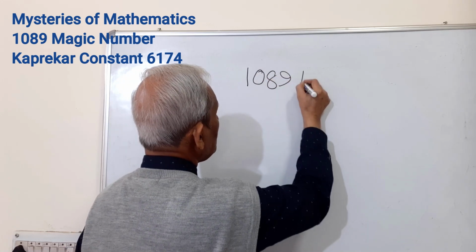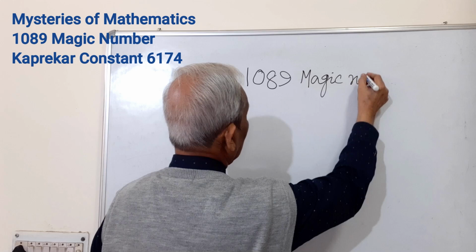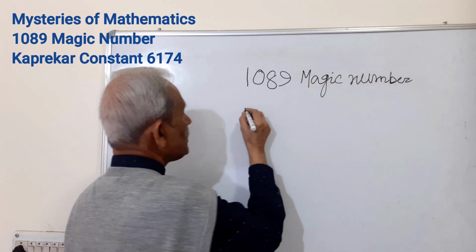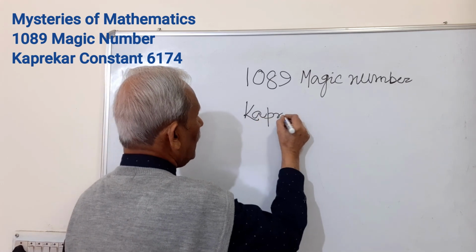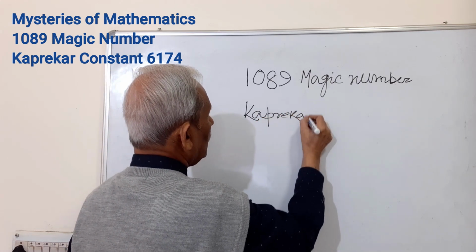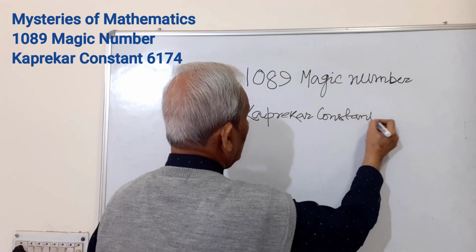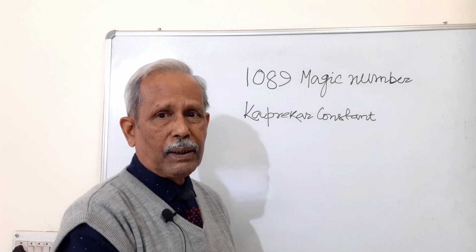The 1089 magic number, the first one. And the mysterious Kaprekar constant. This is a very famous mathematician, Kaprekar.